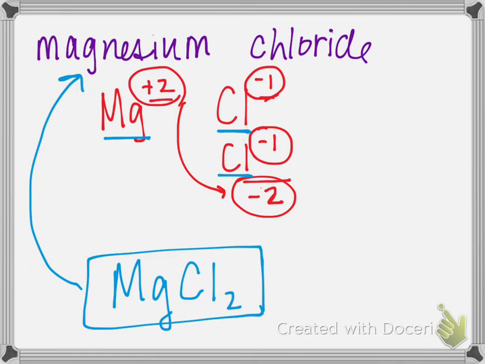Once again, I knew I had to use more than 1 chloride because magnesium's charge is +2. And if I put it together with a -1, that does not give me 0 or neutral, right? In order for it to be neutral, I needed to have 2 of those chlorides that each have a -1 charge to get that to balance or to be neutral. Okay, let's try another one.